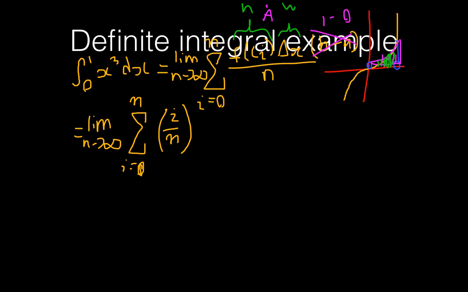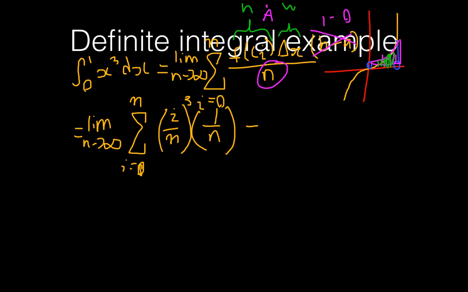We have x cubed, that's our function, so this is going to be cubed, and then it's multiplied by 1 over n because we still have this n, the number of subintervals, so we go ahead and multiply those together.